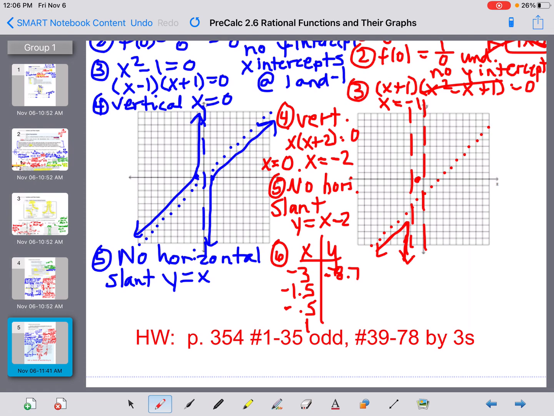So I'm plugging in -1.5 cubed, plus 1 on top, divided by -1.5 squared plus 2 times -1.5, and I get about 3.17.